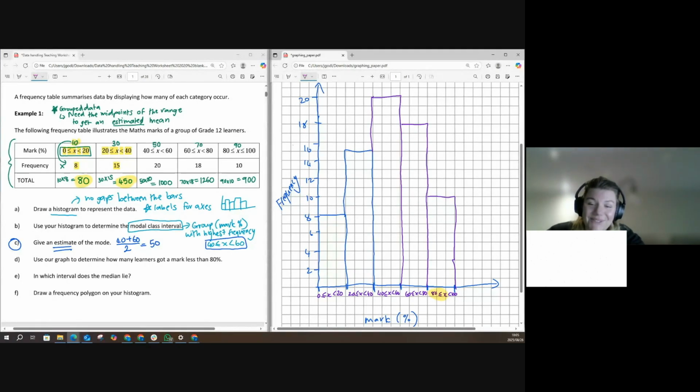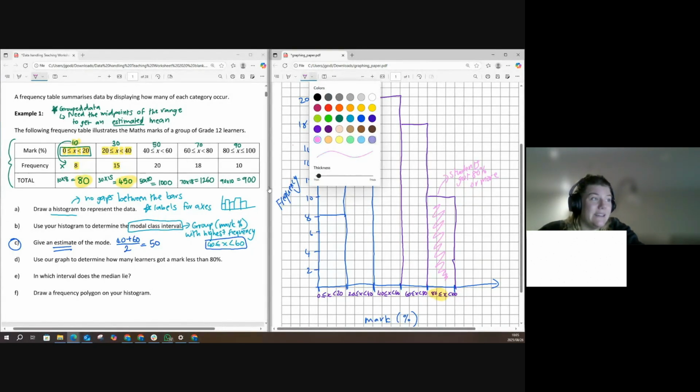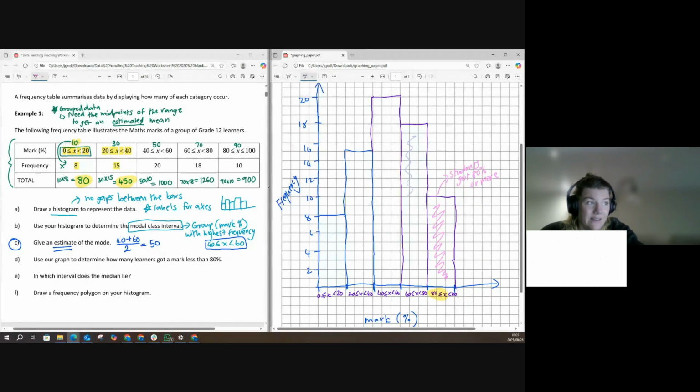Good. Beautiful, Uya. Okay. So this bar over here is the only bar where students got 80% or more. Which means that this bar over here and this bar over here and this bar over here and this bar over here were all students who got less than 80.